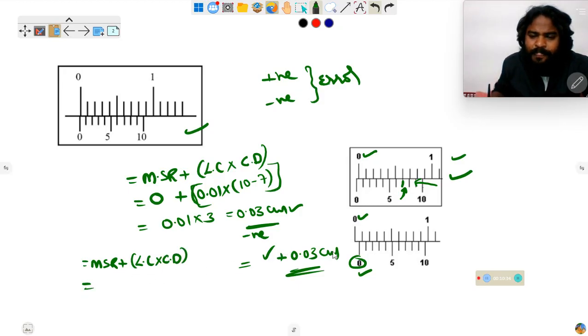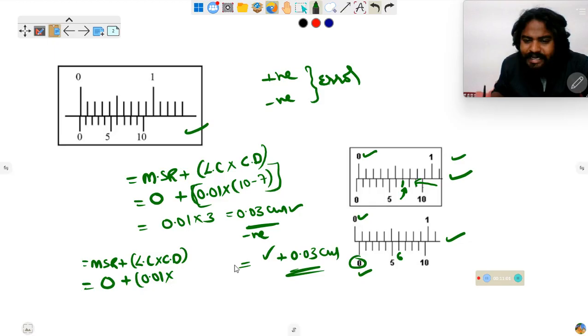When there is no object between the jaws of the Vernier scale, this kind of arrangement you have seen is called positive error, right? So now which one is coinciding well? 5, 6. The sixth one is coinciding well, right? So main scale reading is 0 plus least count 0.01 into the coinciding division. The sixth one is coinciding. Here no need to take 10 minus.